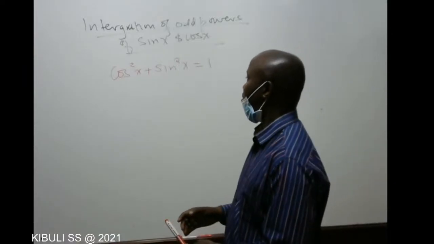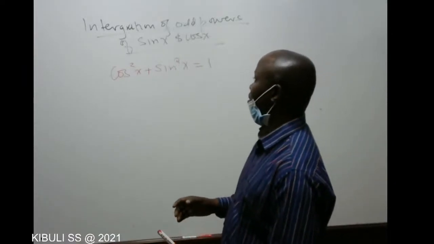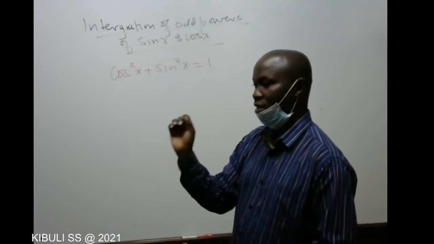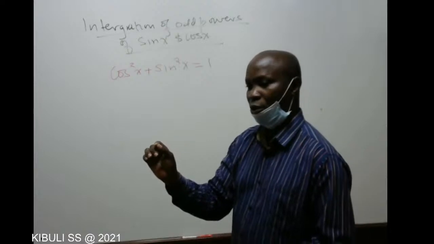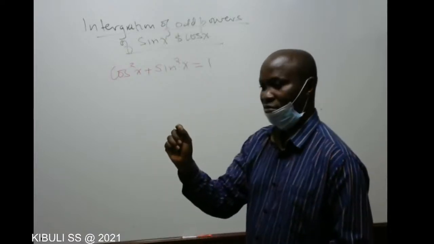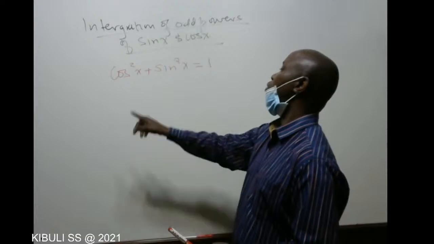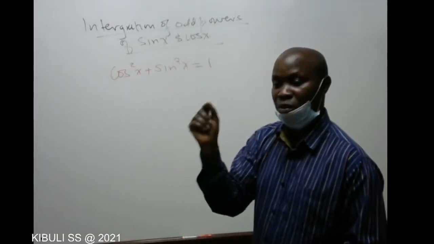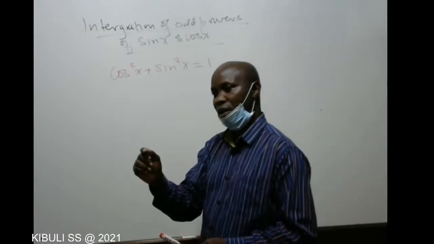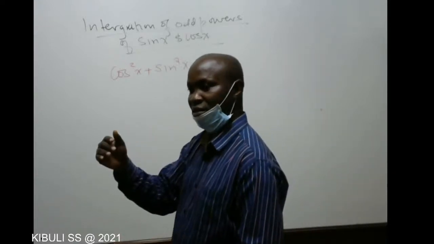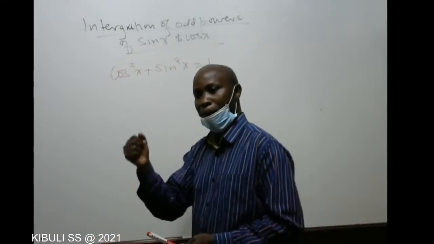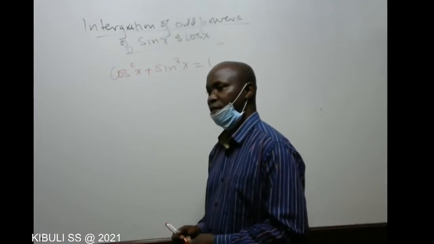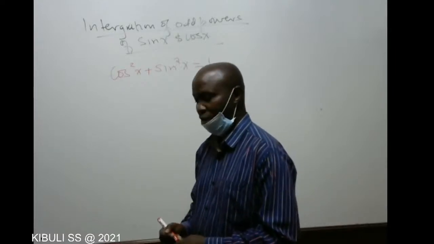Which means if you are going to integrate sin to power 3, sin to power 5, sin to power 7, we shall be using Pythagoras theorem. If you are going to integrate cos power 3, cos power 5, cos power 7, so long as the power is an odd power, we shall be using Pythagoras theorem.